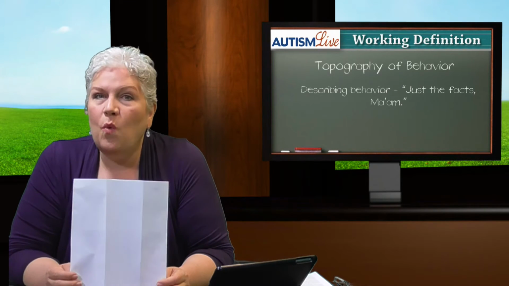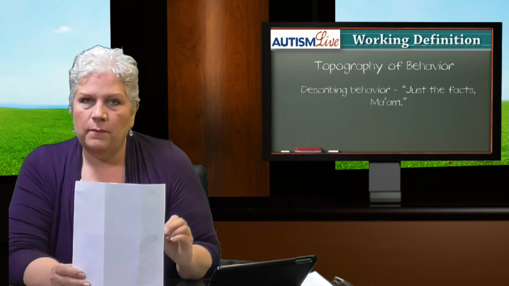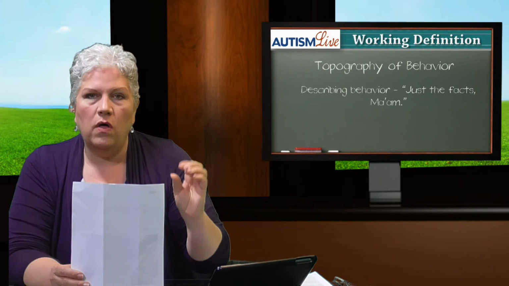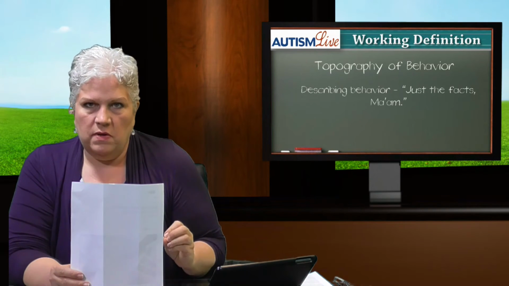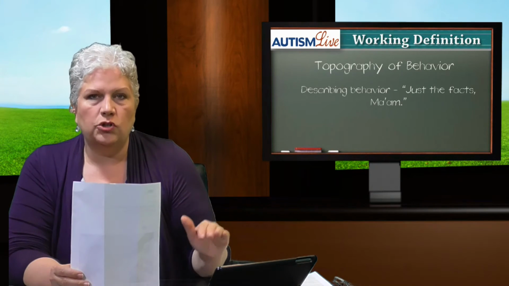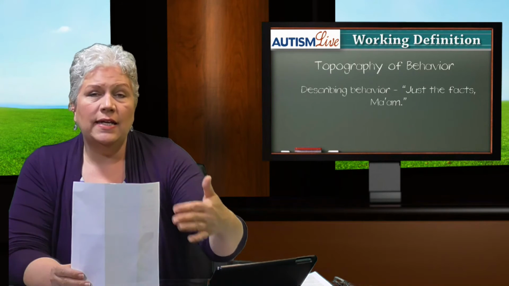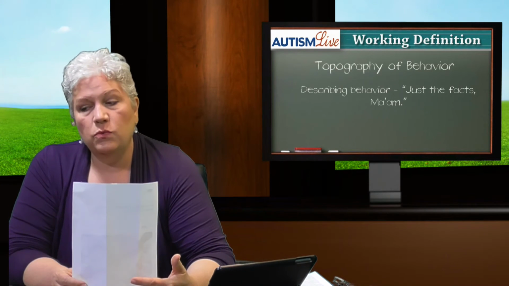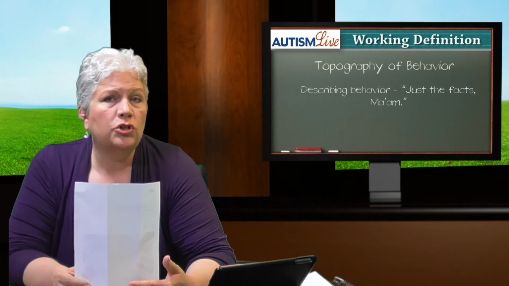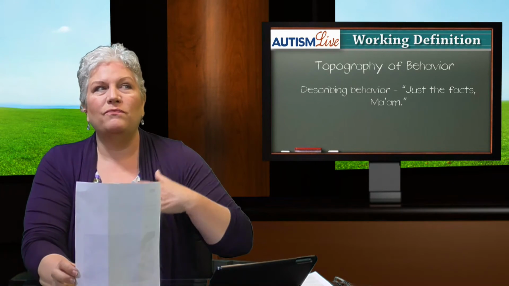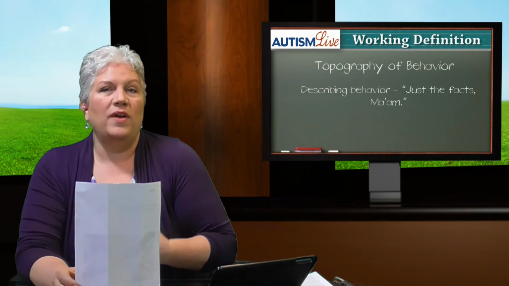So this is why we filter it down to the topography of the behavior. This is why we take all the emotion, all the judgments, everything out of it. What does it actually look like? We need to get to that point because we're not really going to address the issue if we're filtering it through all the things that we think, right?